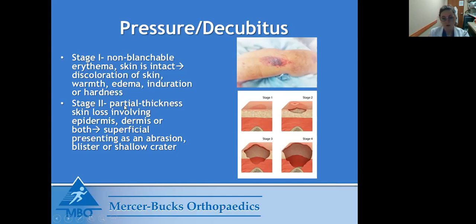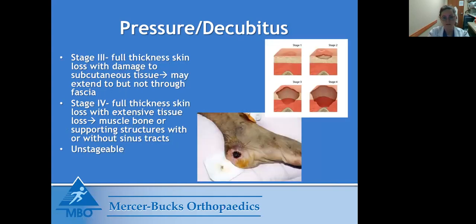A partial thickness or stage 2 ulcer can go down to the fat, but it doesn't go through the fat to the underlying muscle. A stage 3 or a full thickness skin loss ulcer is pictured here. It goes all the way through the skin and the fat layer right below it. It can extend to a layer called the fascia, which is a covering over our muscles, tendons, and bones.